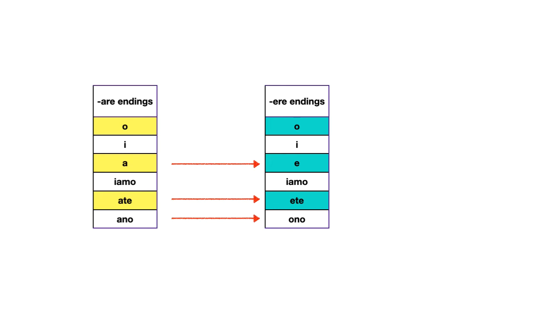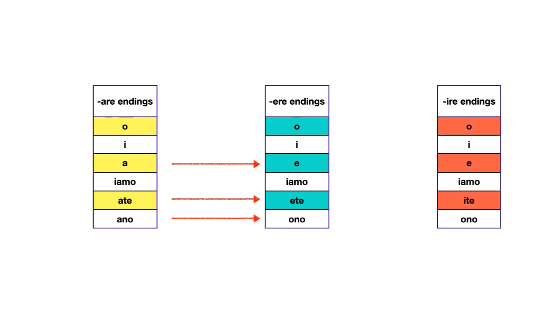Now, let us add the third group that we just studied, ire verbs. If we look carefully, we see that between the ere and the ire endings, there is only one change. The voi ending. It's ete for ere verbs and ite for ire verbs.